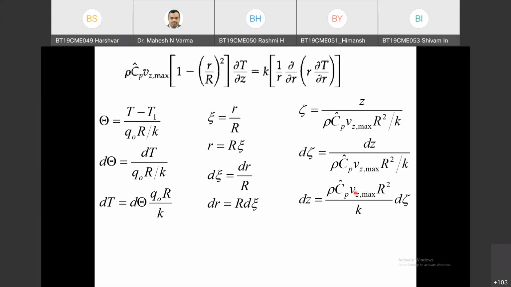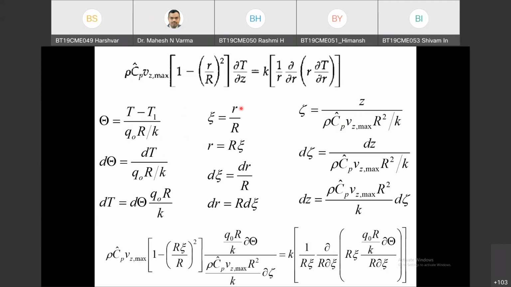Now substitute for dT, dr and dz, substitute r by R equals epsilon, and substitute T in terms of T minus T1 wherever T and z appear. Then rearrange the equation.